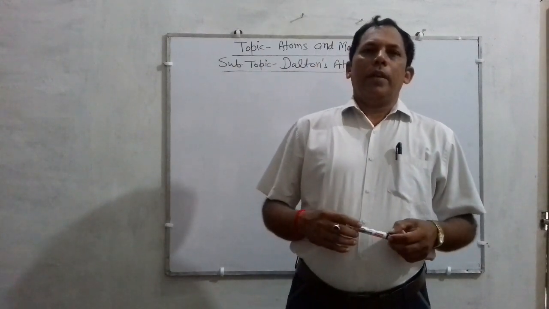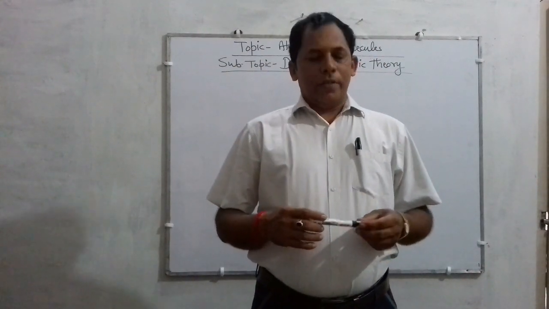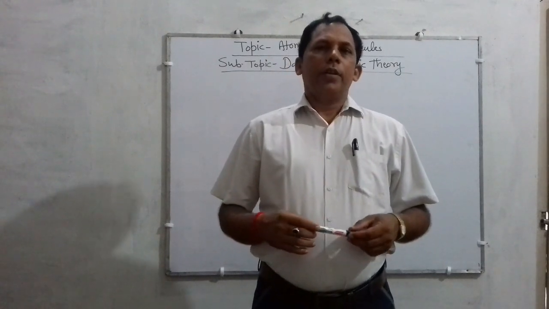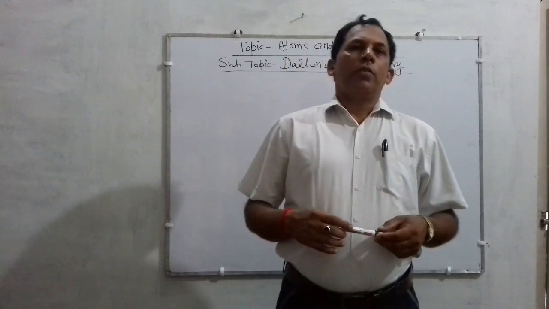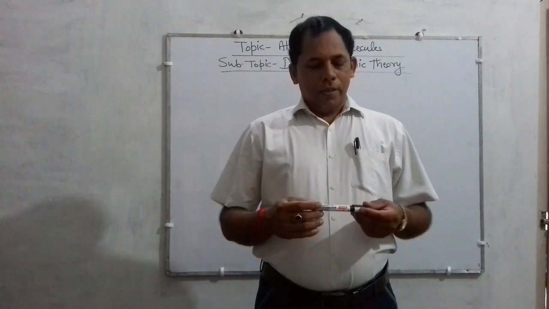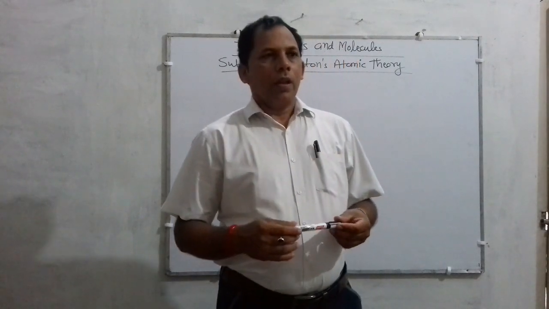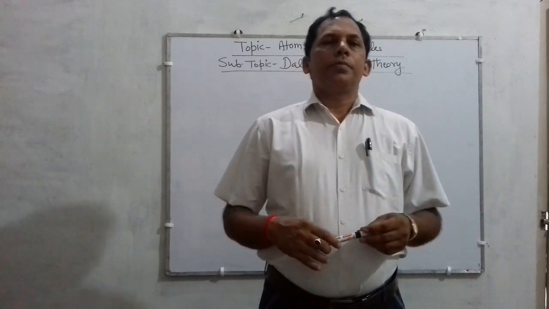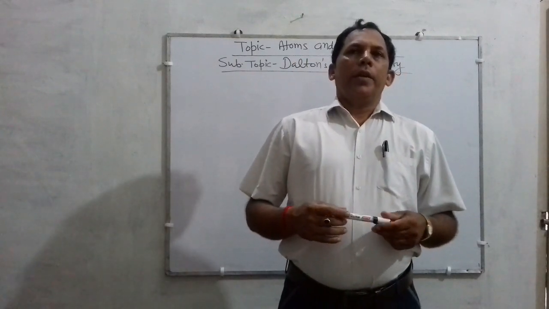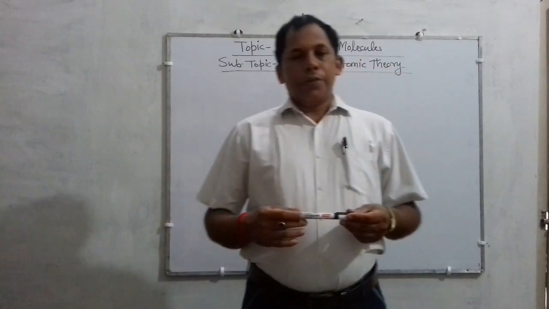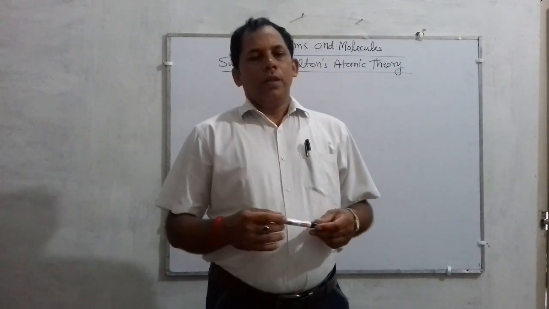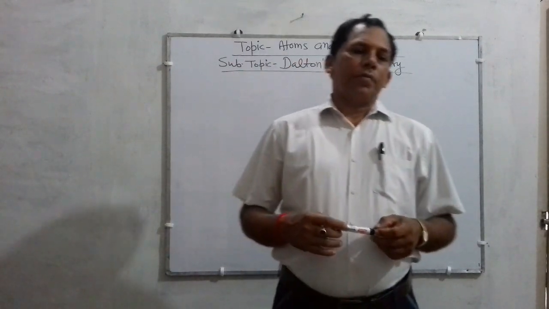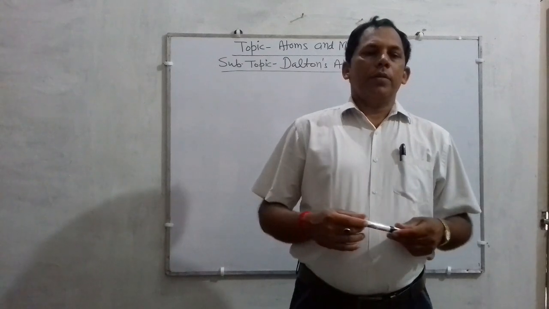After successful completion of your periodic test, I hope you are now fresh, and in the continuation of your study, we are going to start the previous chapter, atoms and molecules.